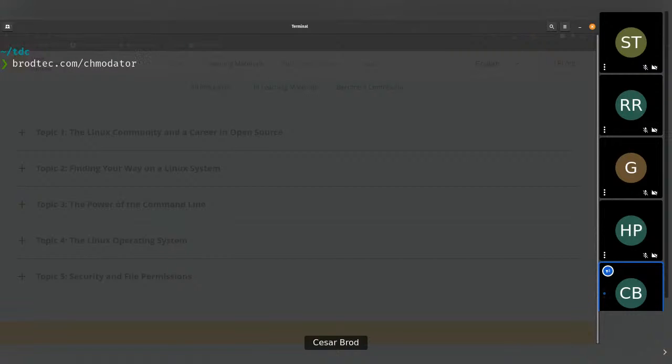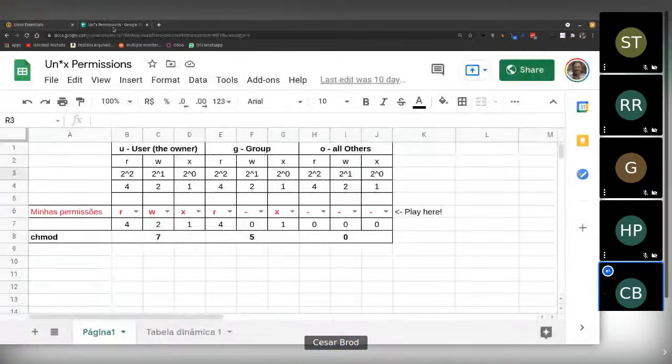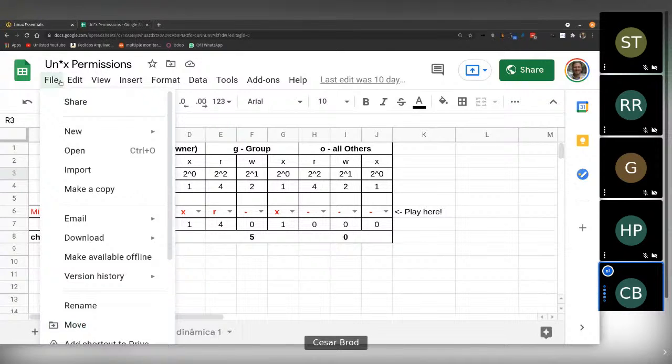The thing that will do the chmod for you. And now let me go back to the navigator. And here you go. So I recommend, if you are going to use this for yourself or to teach someone else, the first thing that you should do is go here and do a file and make a copy. So it will make a copy for you.